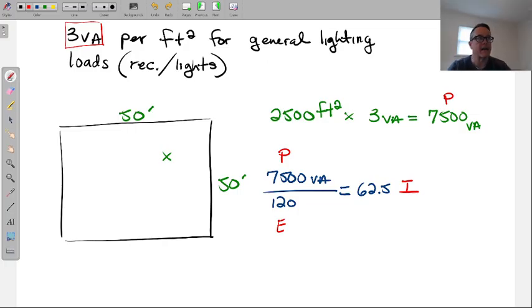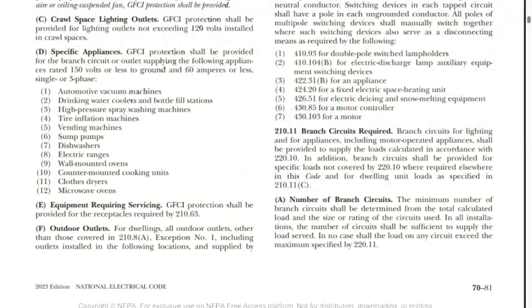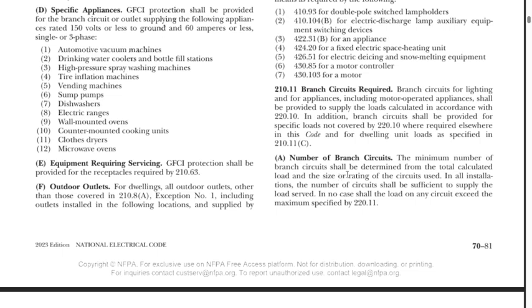Well, let's go back over to the code section 210.11 and look at what A and B are saying. A is saying the minimum number of branch circuits shall be determined from the total calculated load and the size or rating of the circuits used.